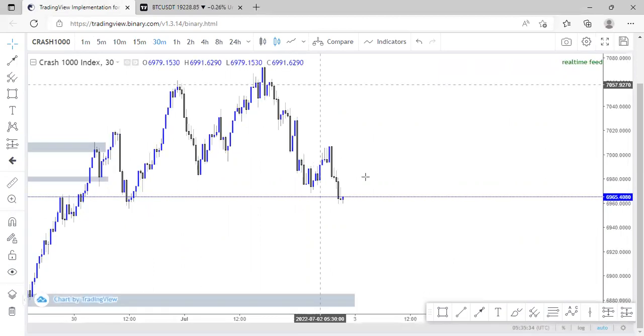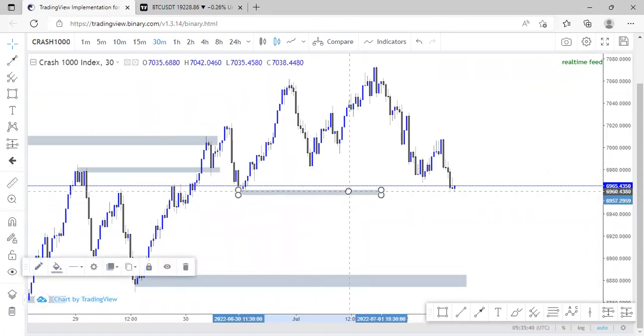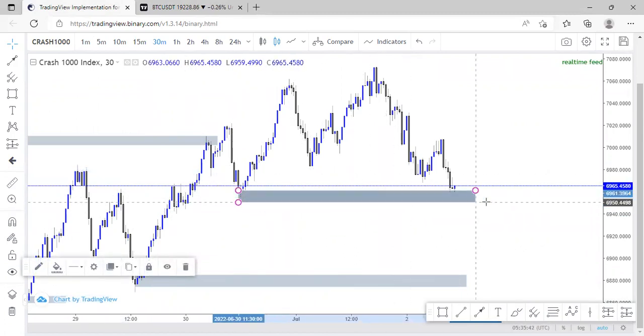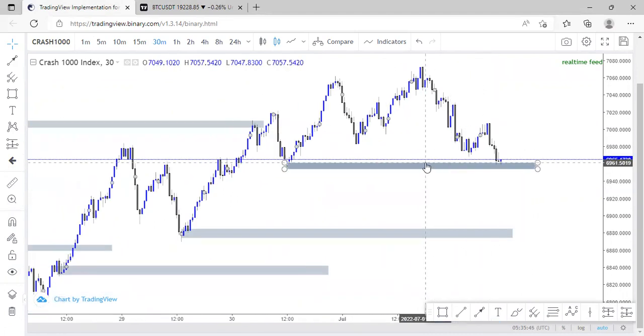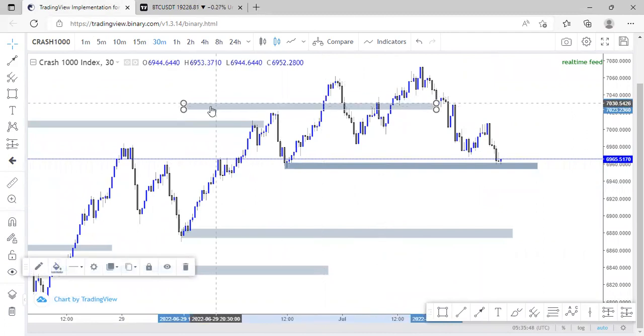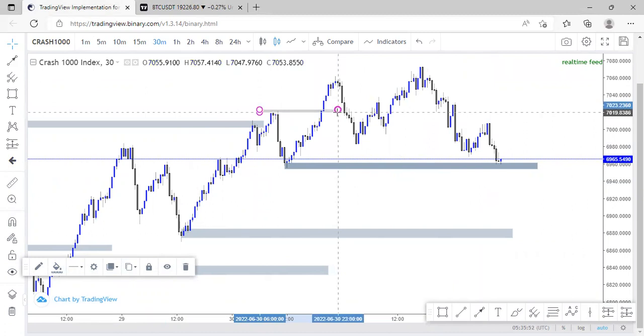Okay, so Crash 1000, I actually bought from this level, and so it has gotten to where I can consider a really good buy opportunity because it took out the structure.